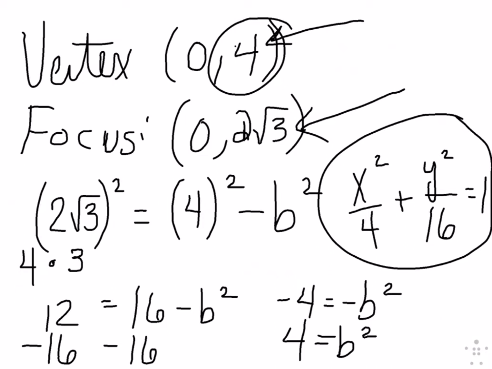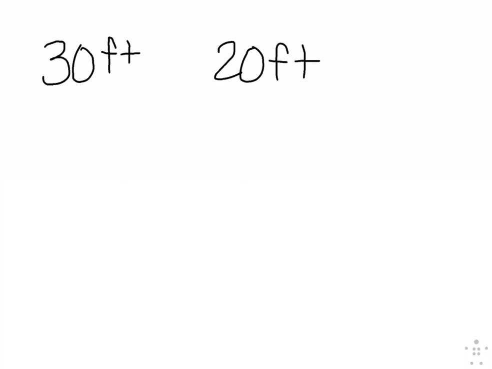Okay? Now, if it says something like this, if it says an elliptical pool is 30 feet long and 20 feet wide, write an equation for the perimeter of the swimming pool, assuming the major axis is vertical.